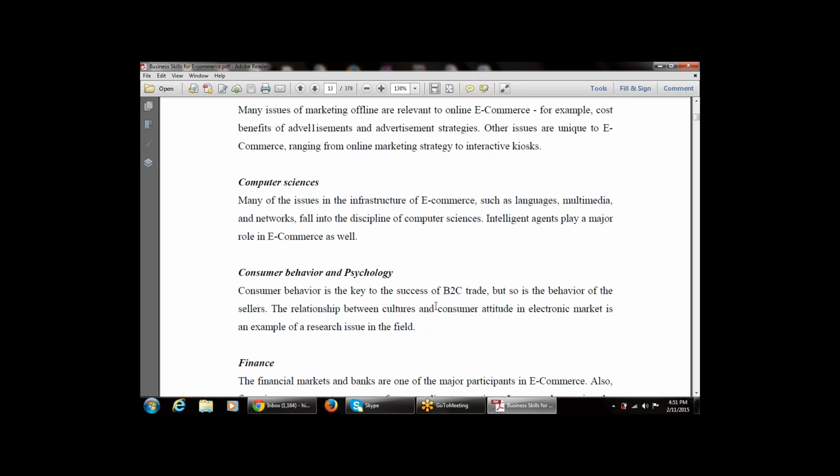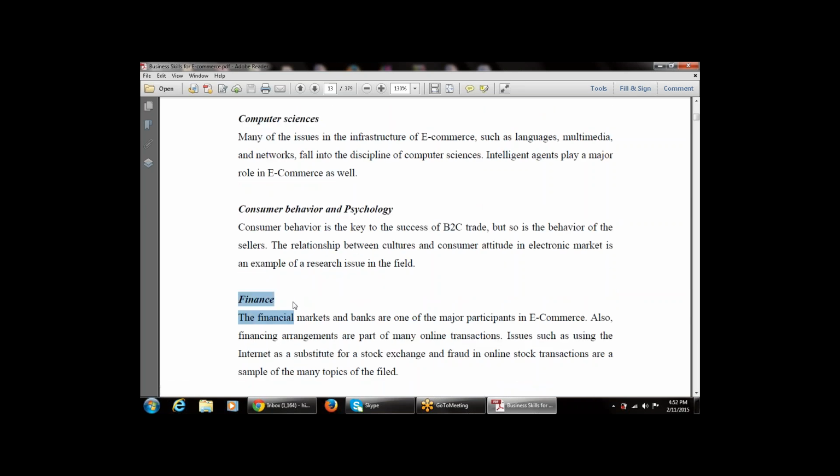If this thing is available at this shop or site for 250 rupees, and that thing is available for only 50 rupees at another site, why can't I go for the 50 rupees? Because there is a benefit from the money point of view. So e-commerce also brings changes in consumer behavior and psychology.